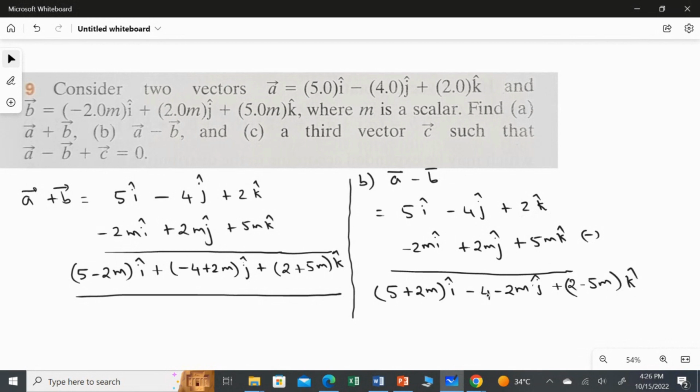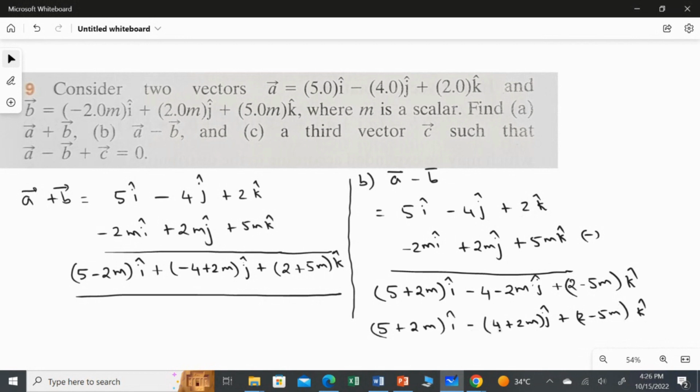But here you can see I have to fix some signs. So what I'm going to do, I'm going to write this equation as 5 plus 2m i cap, and here I'm going to take minus as a common term. So what will come inside? 4 plus 2m multiplied by j cap plus 2 minus 5m k cap.